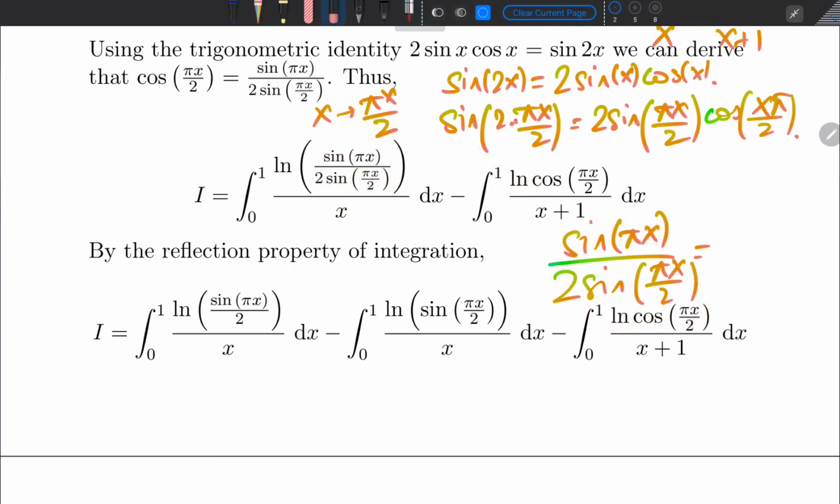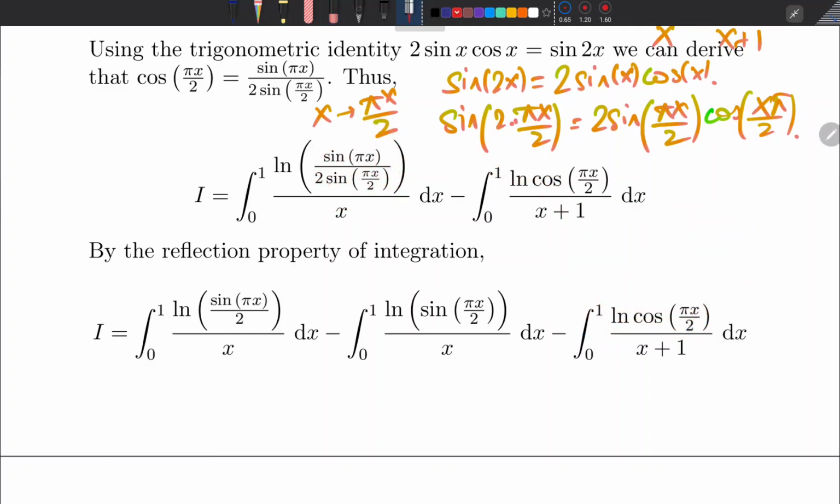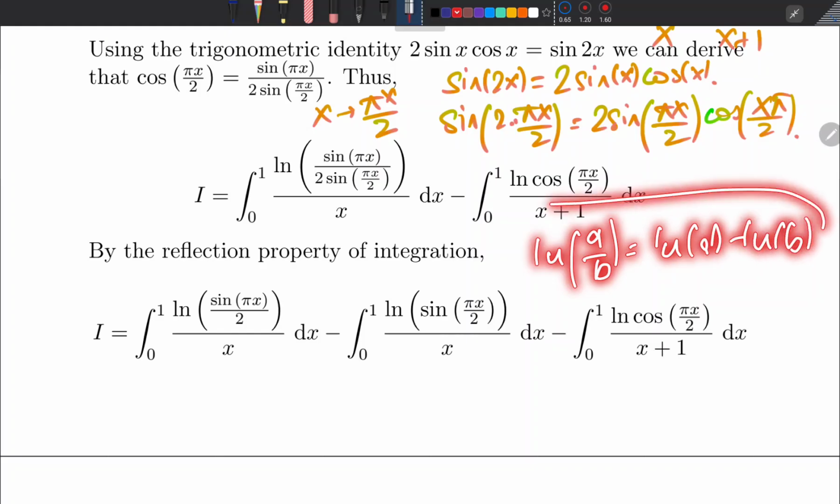So we have done this so far here. We haven't done the same thing in the second integral. Now we can use the natural logarithm property that says the natural logarithm of a over b is the natural logarithm of a minus the natural logarithm of b.